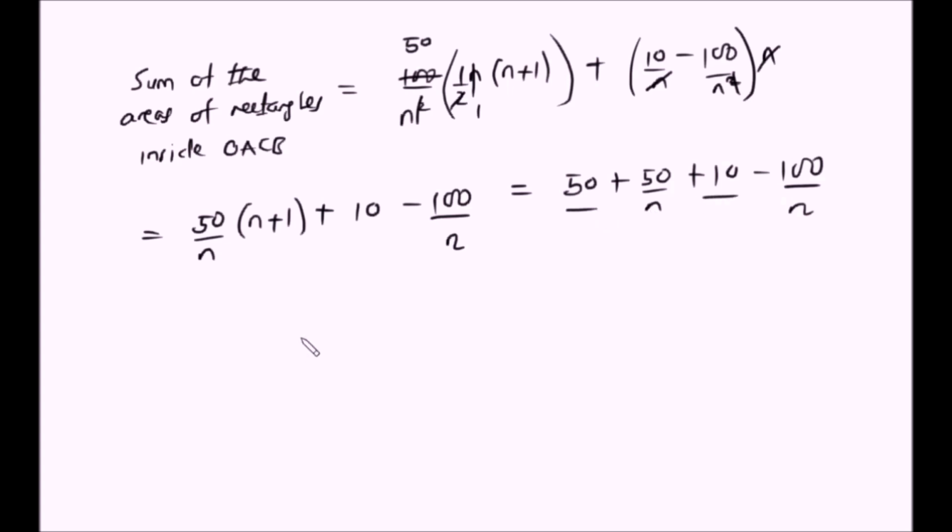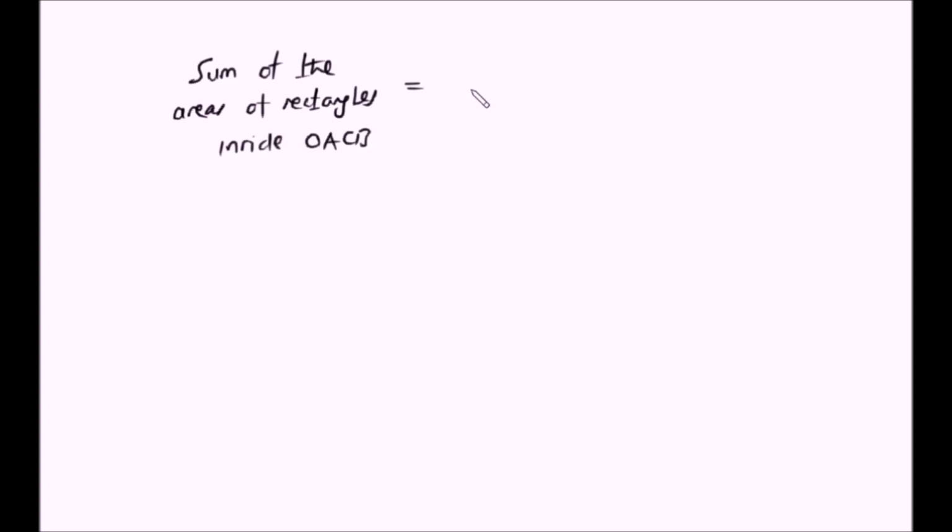So 50 plus 10 is 60. And 50 minus 100 is negative 50. So this now is the sum of the areas of rectangles inside OACB. Okay? So we have obtained the sum, the simplest expression now: the sum of the areas of rectangles inside OACB is equal to 60 minus 50 over n.